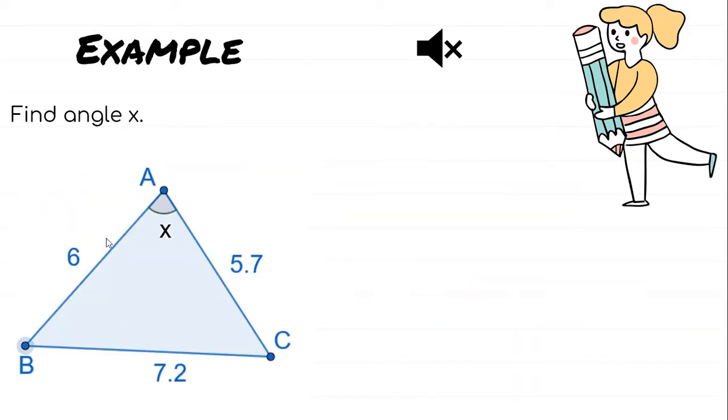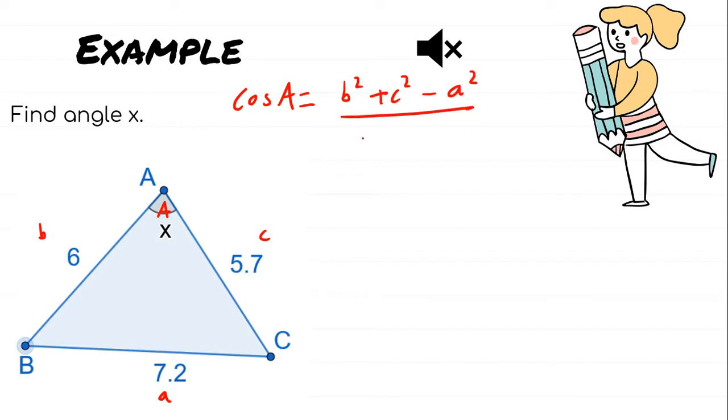Here's another example. Again, we've been given three sides and we've been asked to find an angle. Again, think of this as angle A and this side a, and then the other two sides are just going to be the sides b and c. Okay, so remember your formula: cos A is b squared plus c squared minus a squared over 2bc.